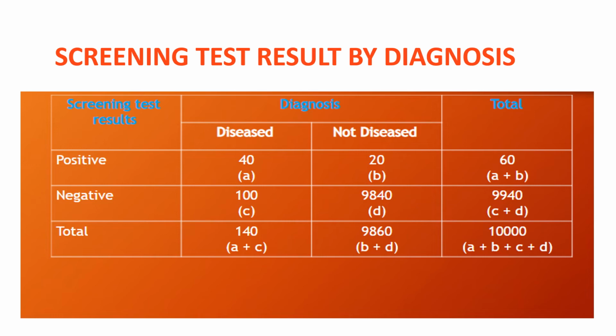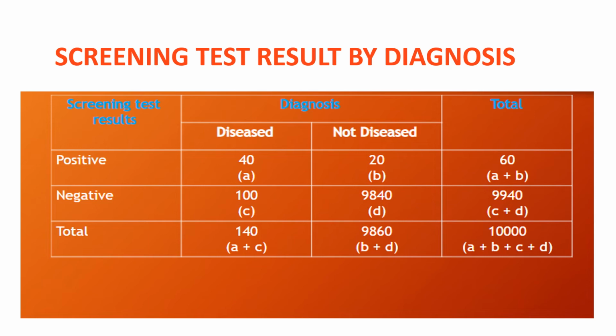The test reveals 40 people to be positive in the diseased ones and 20 people to be positive in the actual non-diseased ones, and overall, out of the 10,000, 60 people are positive and 9,940 people are negative.